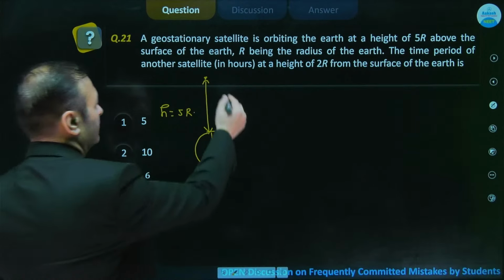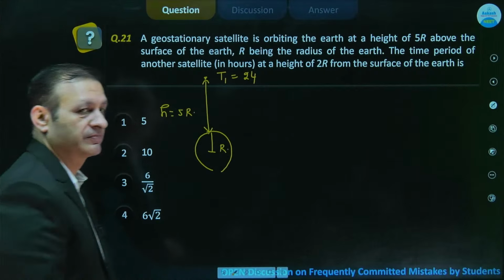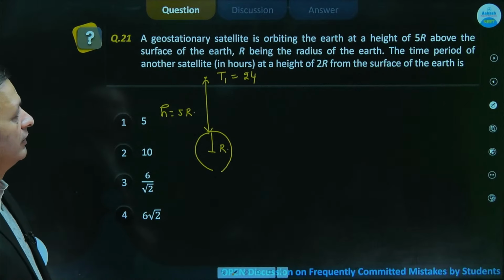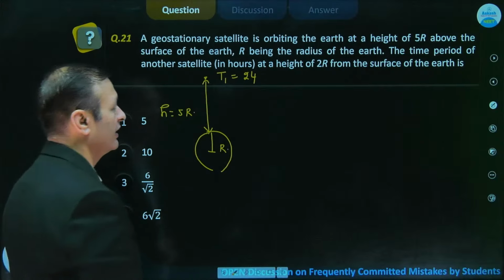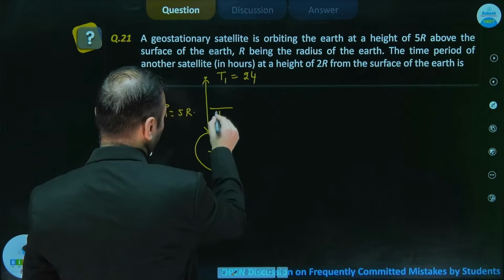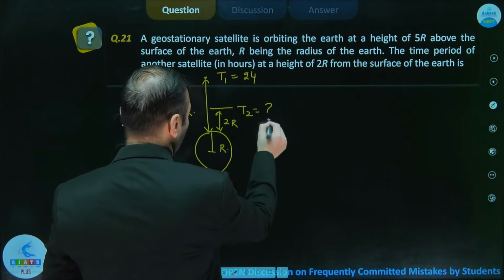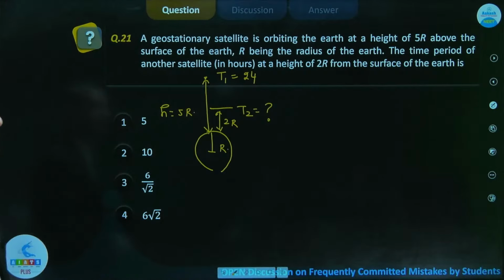A geostationary satellite has a time period of 24 hours. We have to find the time period in hours of another satellite at a height of 2r.